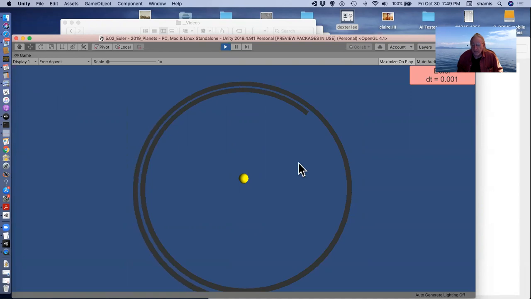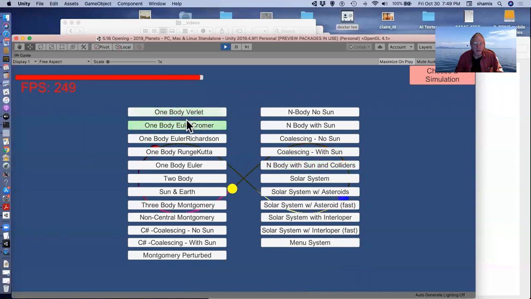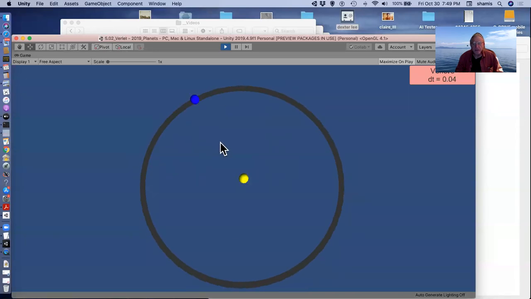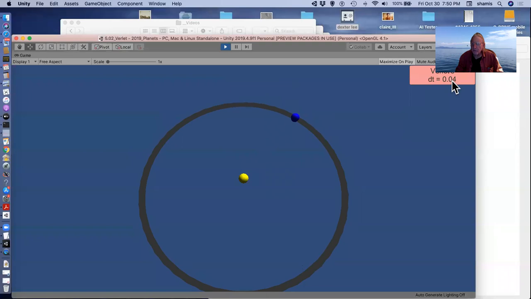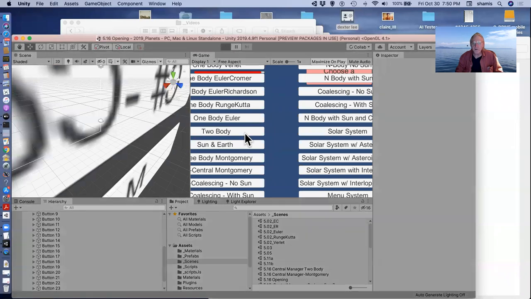Even with a really small time step, the Euler method, A, doesn't conserve energy. It's not being shown here. But B, it doesn't produce a closed orbit. Whereas Verlet clearly, even with a much bigger time step, makes a nice closed orbit and conserves energy.